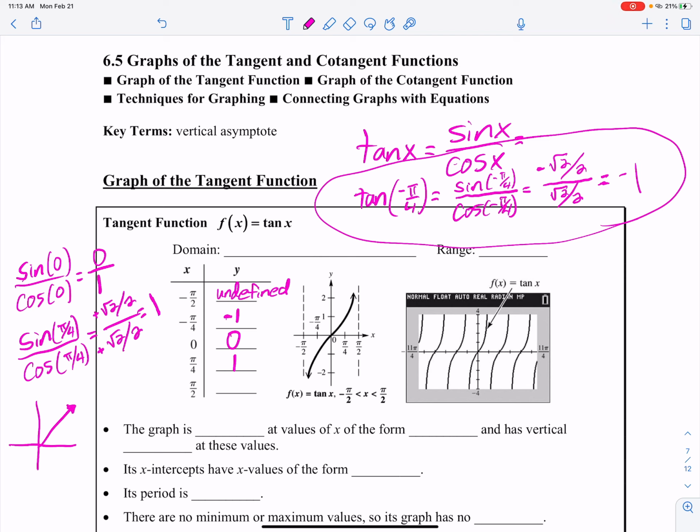There's also a pattern to this. Tangent, so we'll do tangent here. In the first quadrant, what was it? Positive. So it's greater than 0. Tangent in the second quadrant? Negative. Tangent in the third quadrant? Positive. And then tangent in the fourth, we haven't done this one.